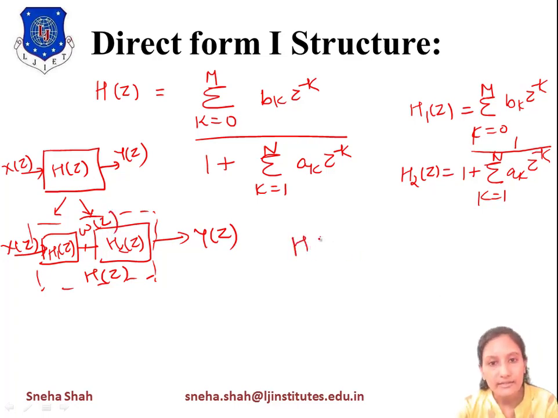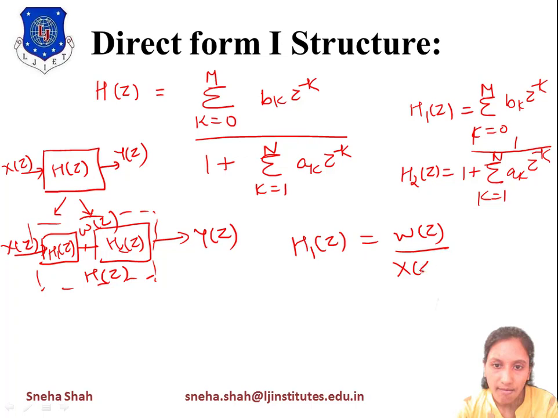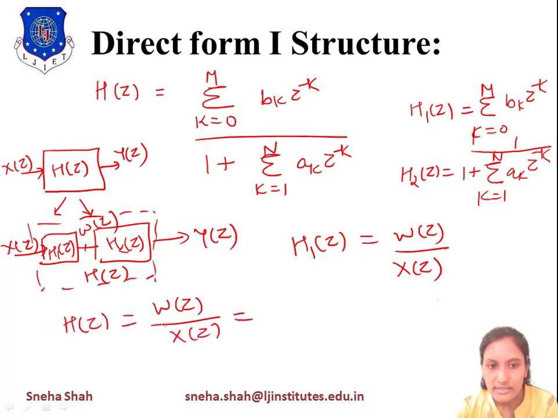So what is the value of H1 of z? H1 of z equals output upon input. H1 of z's output is W of z and the input is X of z. So H1 of z equals W of z upon X of z. And this is the H1 of z, which equals summation k equals 0 to M b_k z raised to minus k.